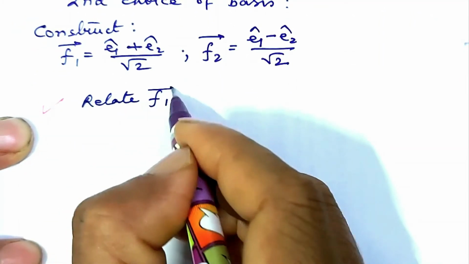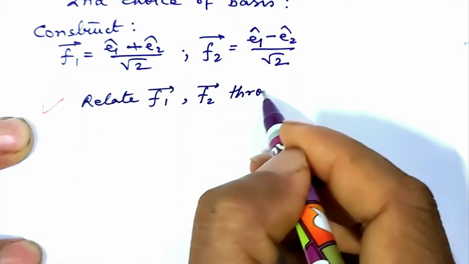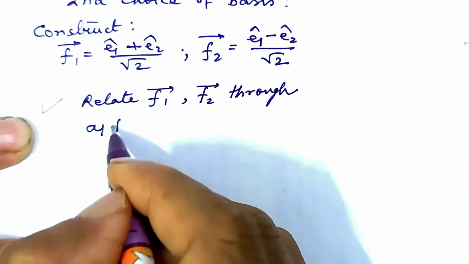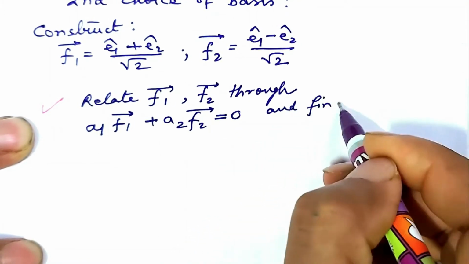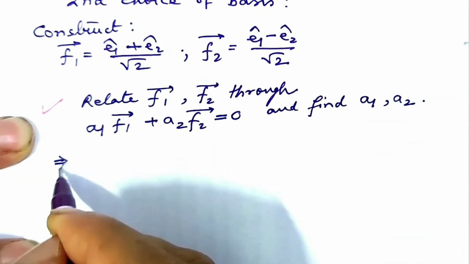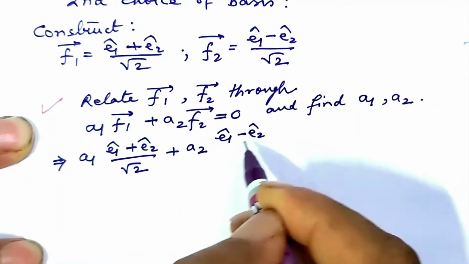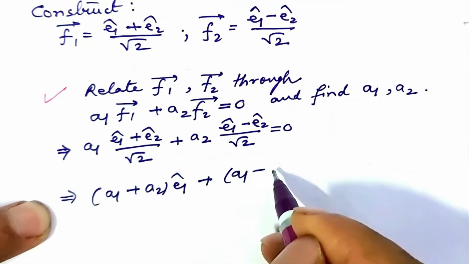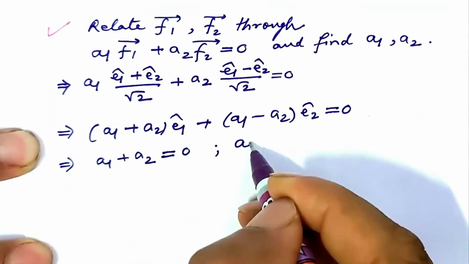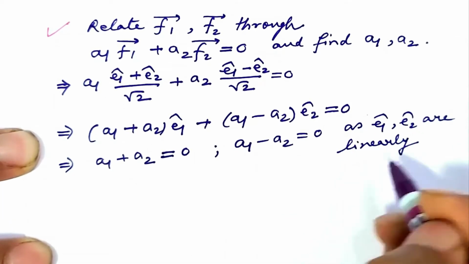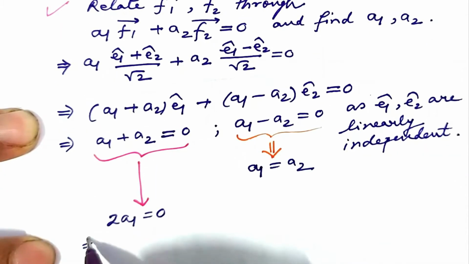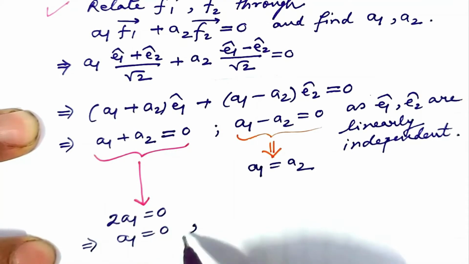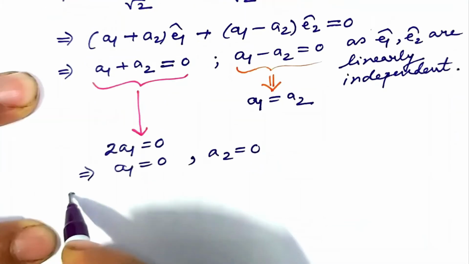Relate vector f1 and vector f2 through the relation a1 vector f1 plus a2 vector f2 equal to 0. This implies that a1 equal to 0, a2 equal to 0.